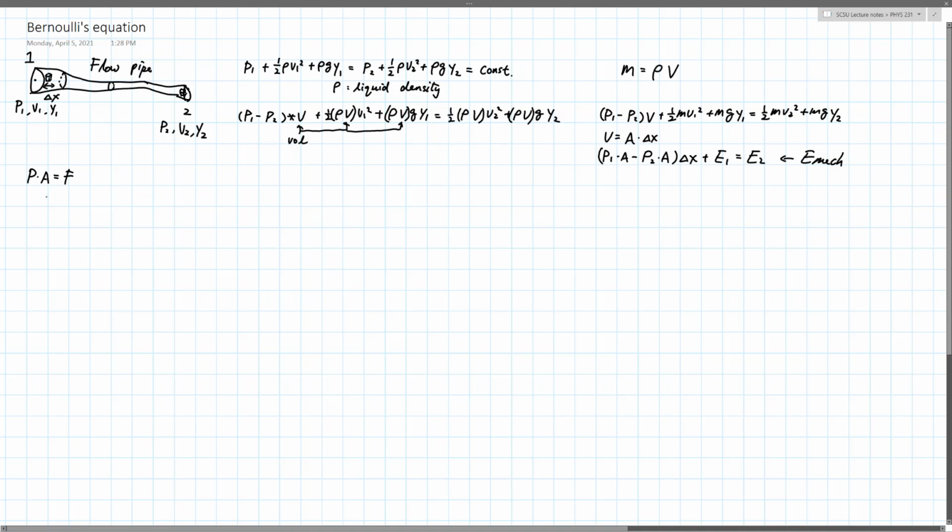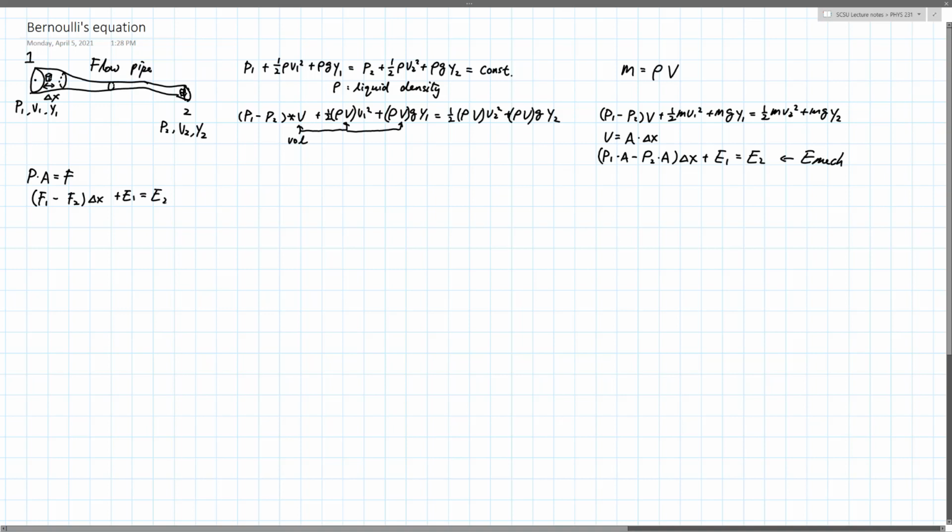So I'll write this as F1, force against this small volume, minus F2, force against this other volume over here, times delta x. That's the width of the small volume, plus E1 equals E2.